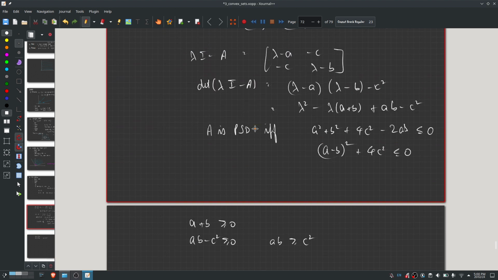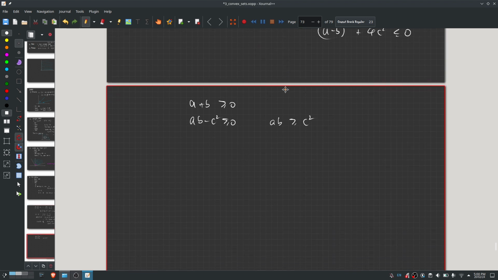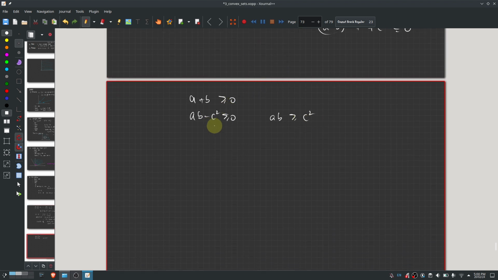Okay. Now going back to this particular example, suppose that I have a matrix of this particular form. Does this equation guarantee that both of these conditions are also satisfied?